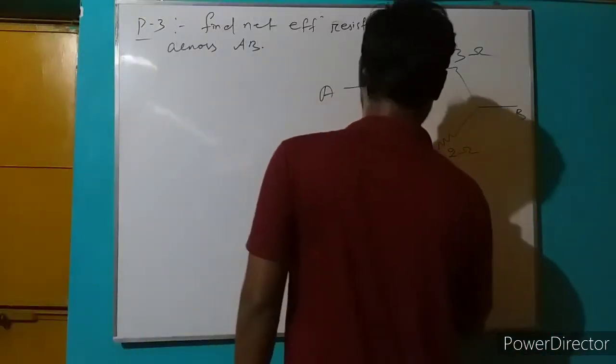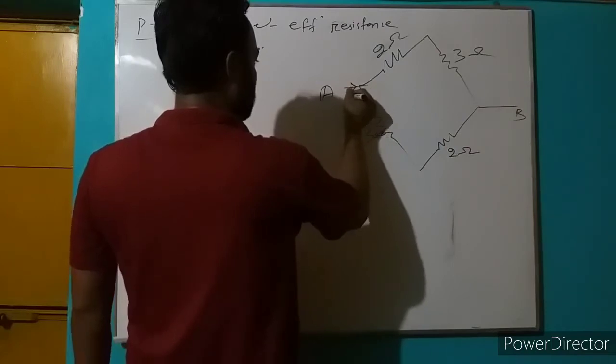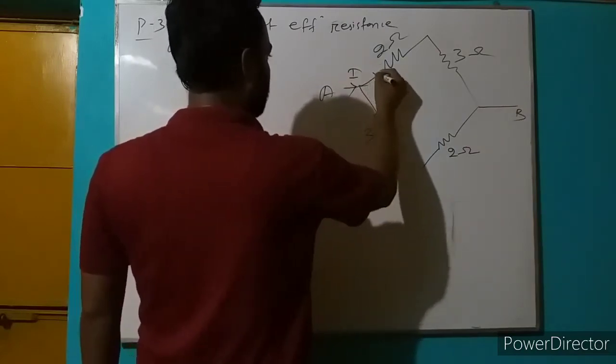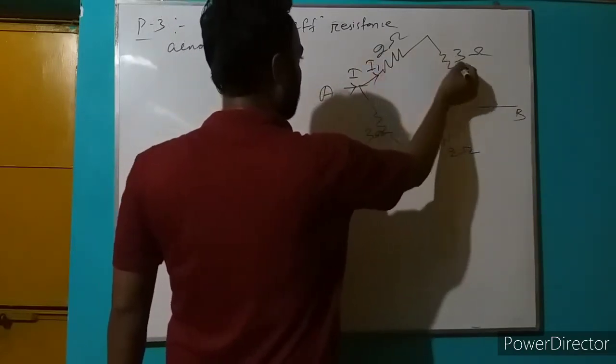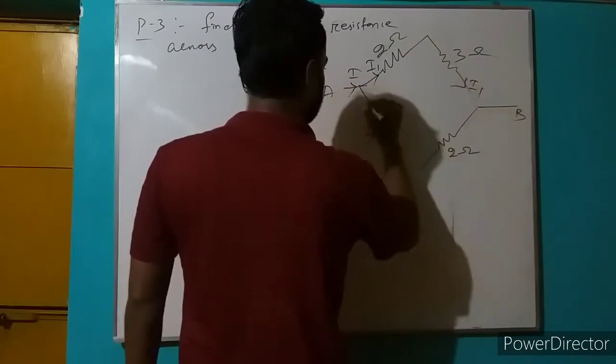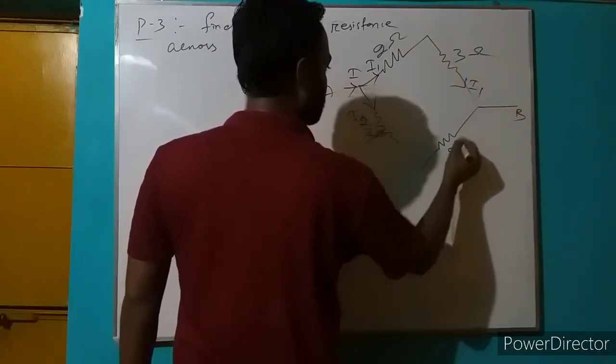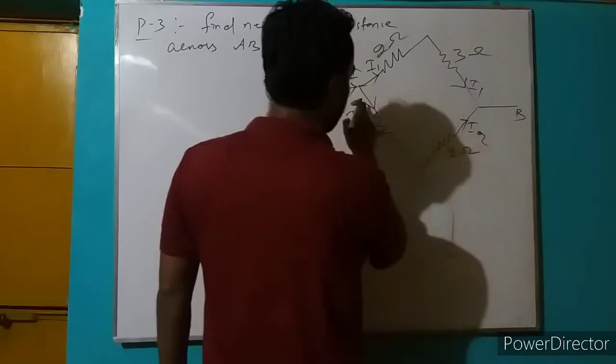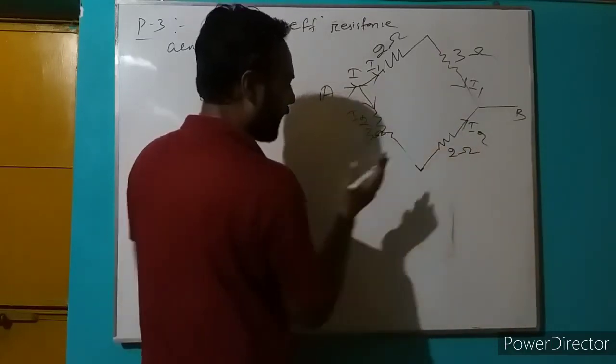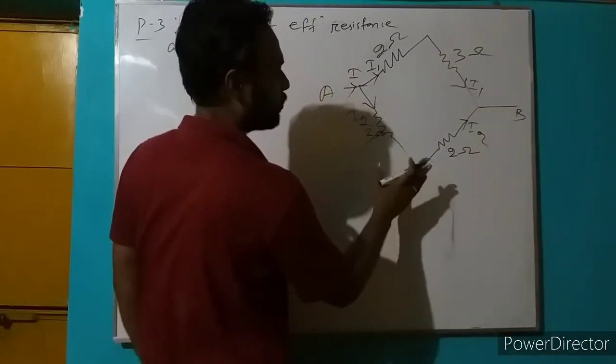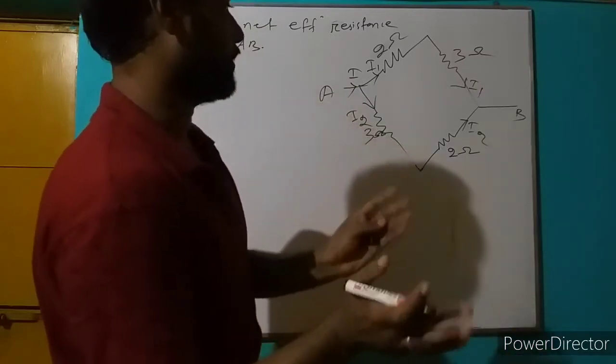How to calculate net effective resistance across AB? Assume there is a current flowing. That current becomes divided into I1 and I1, and also I2 and I2, because no other path is here, only a band structure, so there is no current which becomes distributed.